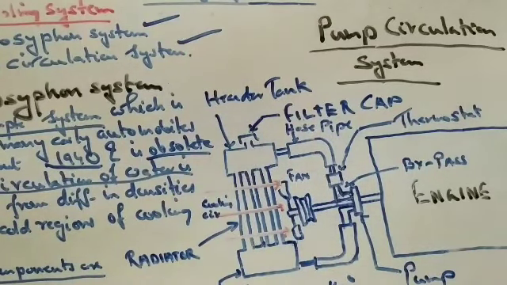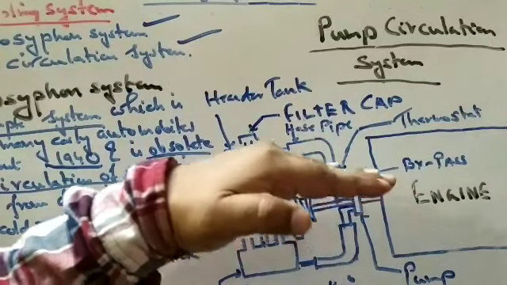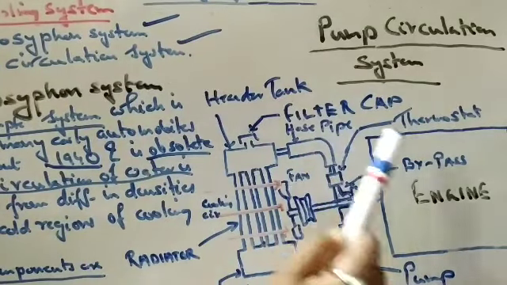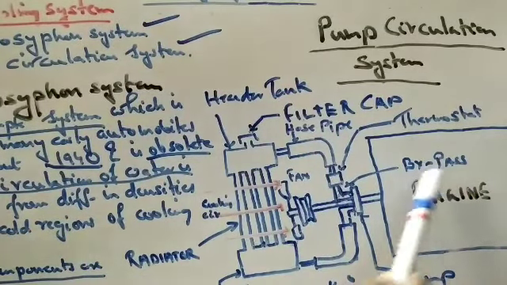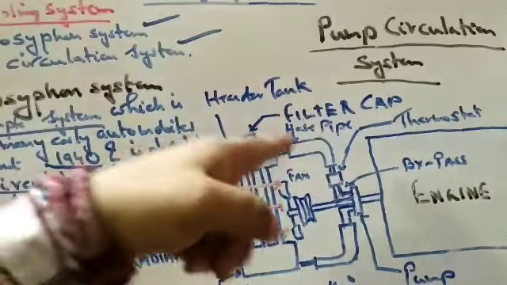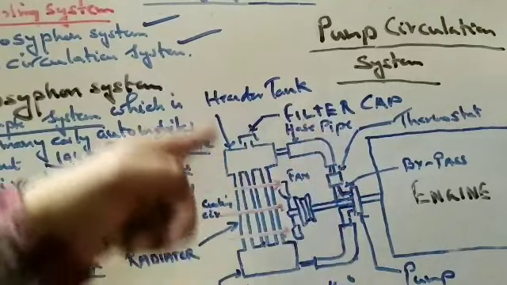It will close the flow, and the hot water will recirculate to the engine, and its temperature will rise until it reaches the optimum level where it is designed to maintain that temperature. Then only the thermostat valve will open and the hot water will come to the header tank.